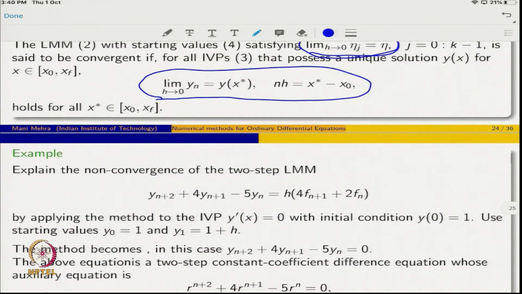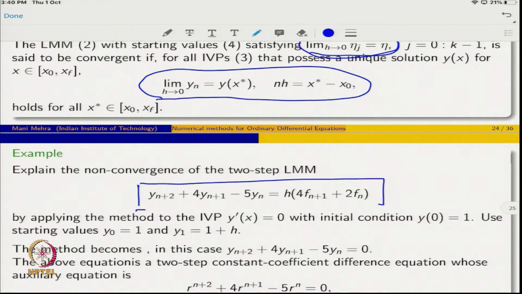Now let us discuss another example where we can prove that this linear multi-step method is not convergent. How can we prove it? That is what we are going to see here. The example is in front of us.